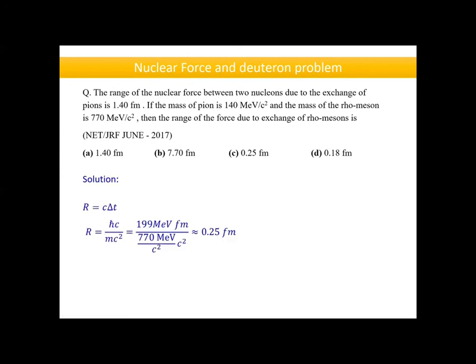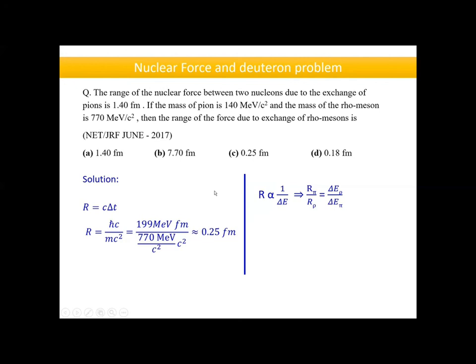From the previous slide, we have seen that the maximum range of the nuclear force R is equal to h cross c by mc square. So one can solve it through this, where on substituting the values you get the answer 0.25 Fermi.